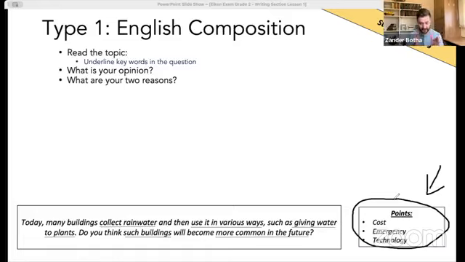Now, when I look at those 3 points, I think cost and technology, they are the easiest ones to write my opinion about and to give my reasons for. Okay, so I'm going to choose cost and technology. Which 2 points do you think you will choose? I'm going to give you 5 seconds, and I want you to choose your 2 points that you will use to give your reasons.